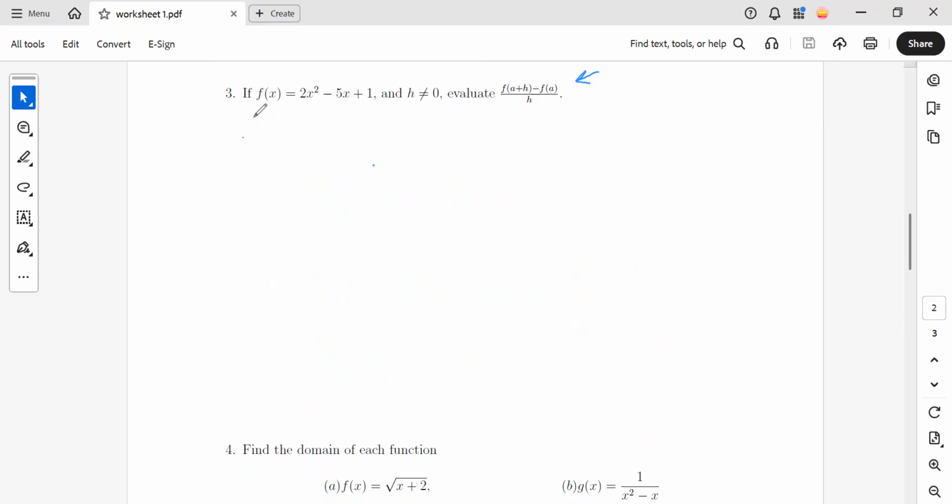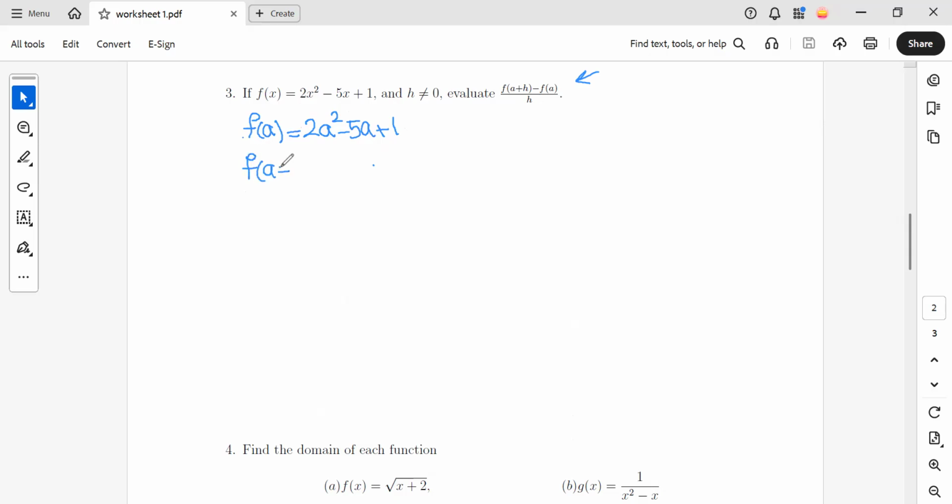So first of all, we would find what f of a plus h is and what f of a is. So f of a would be 2a squared minus 5a plus 1. Instead of each x, I would write a.